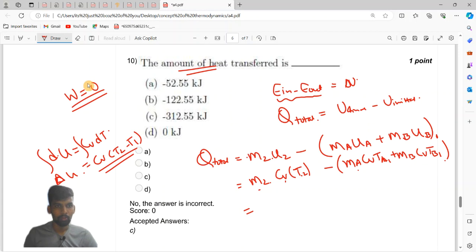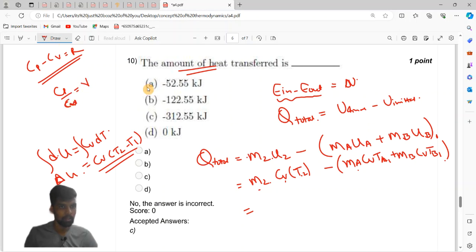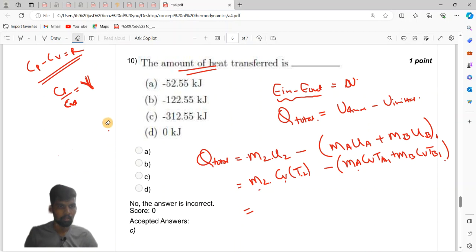One more equation we have: Cp minus Cv is equal to R for an ideal gas, and Cp by Cv is equal to gamma. From here we substitute the value of Cp, so we get gamma times Cv minus Cv is equal to R. So Cv equals R upon gamma minus 1.